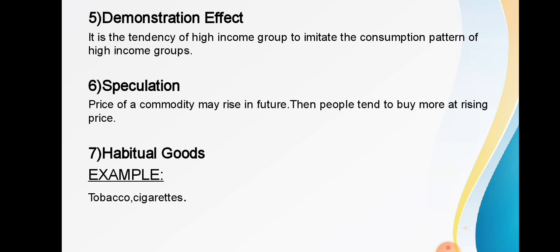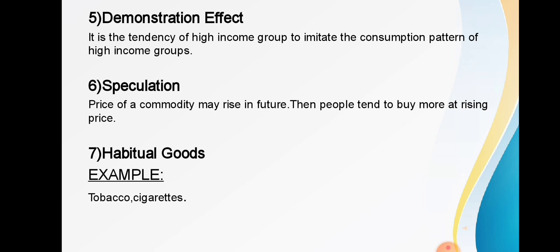People may tend to buy more at the rising price. Are you getting? When a price rise is anticipated, for example in the stock market, people tend to buy more shares at the rising prices.